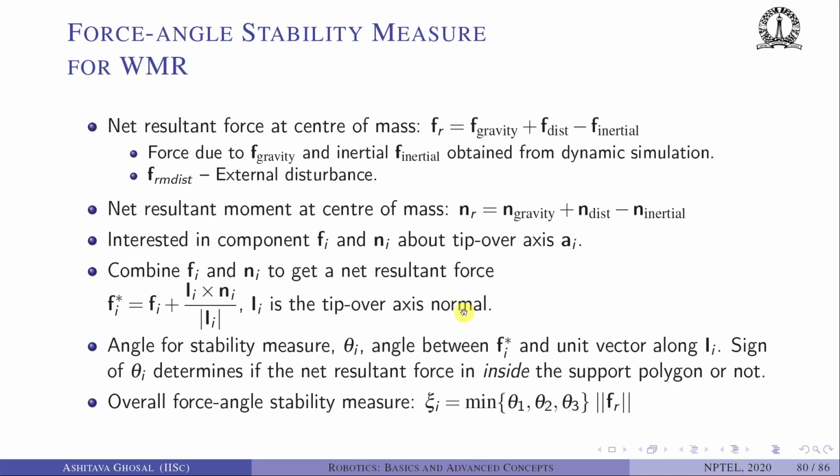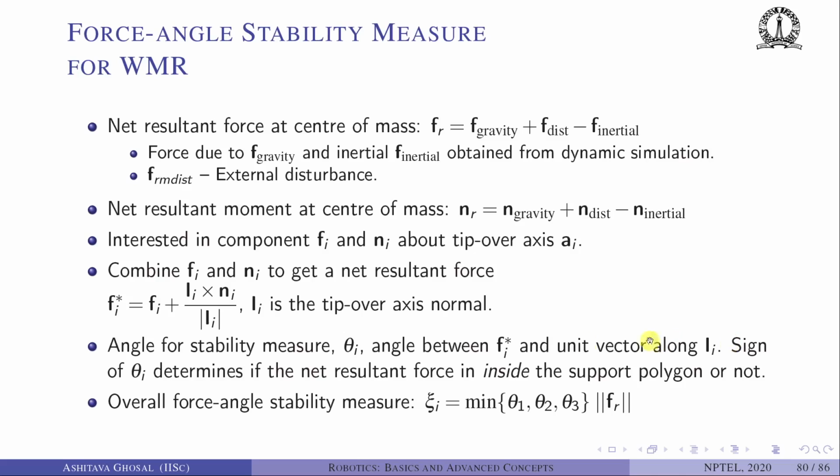Okay. So from the dynamic simulation, we will get some force Fi and Ni. We need to combine them to find the resultant force, which is given in this form, and then we compute the angle stability measure θi, which is the angle between Fi star and the unit vector along the normal II.